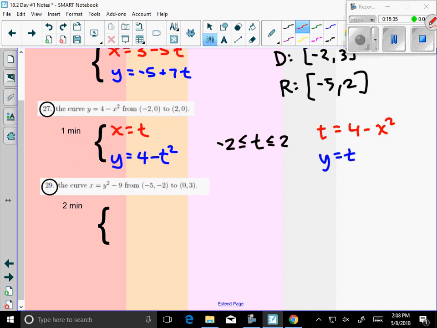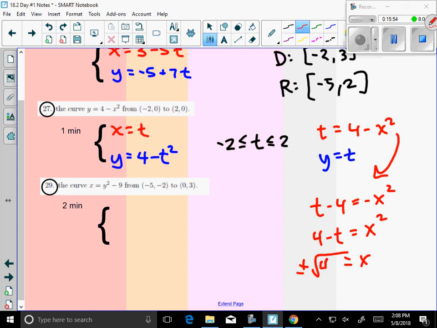Because we want this as x equals something, y equals something. So basically what you've done is you've said, okay, well, I'm going to have to do this, and then that'll make that this. How many people want to do this? Not it. Right? So x equals plus or minus the square root of 4 minus t.